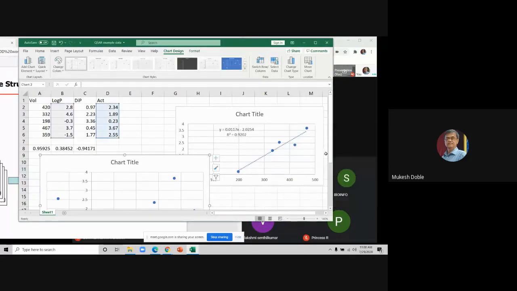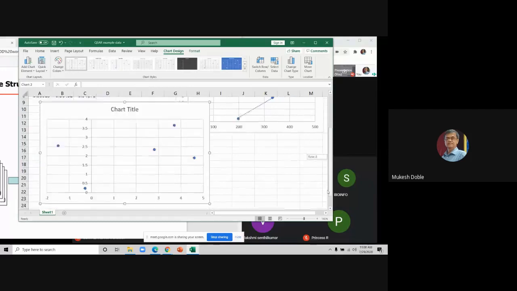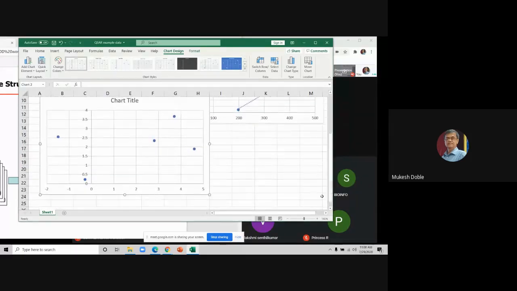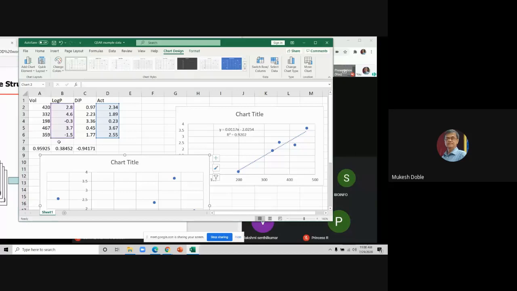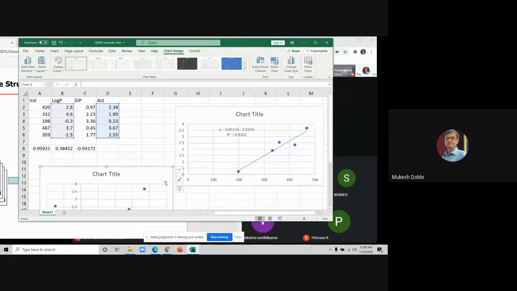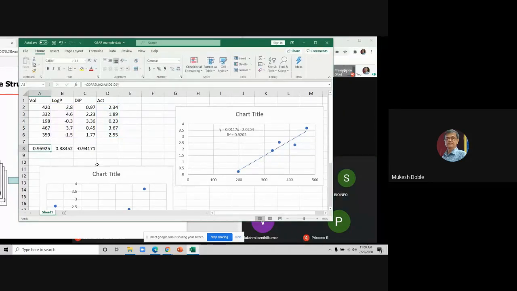So as you can see, this is not good. This is log P on the x-axis, activity on the y-axis. It's very bad, which was obvious before also when we looked at the correlation coefficient, which was only 0.38. Whereas if you look at the volume relation, it's very good. A nice equation, nice straight line, a good R square. We also knew it from our original R value.